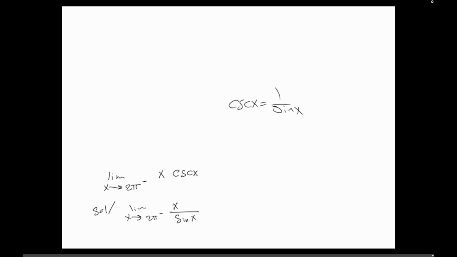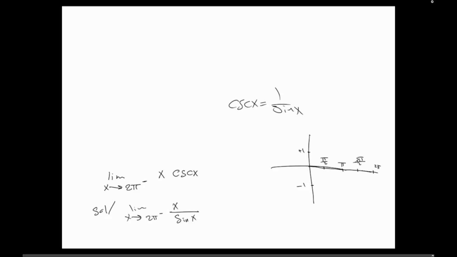And what we want to do now is draw the picture for the sine x. So this is the picture for the sine. Let's suppose this is plus 1, minus 1. And this is pi divided by 2. This is pi. And this is 3 pi divided by 2. And this is 2 pi.